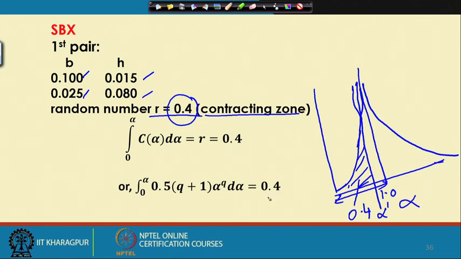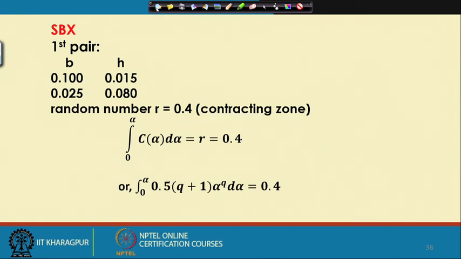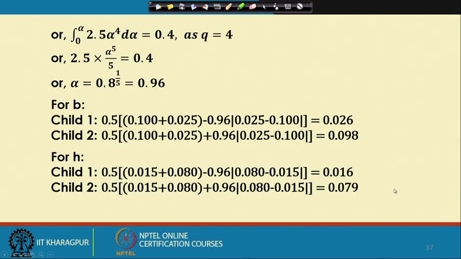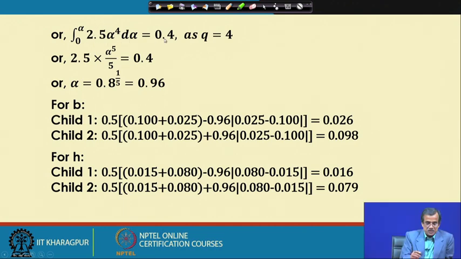Here this q is equal to 4, so I substitute q equals 4. Then I get the modified expression: integration 0 to alpha 2.5 alpha raised to the power 4 d alpha, and that is equal to 0.4.